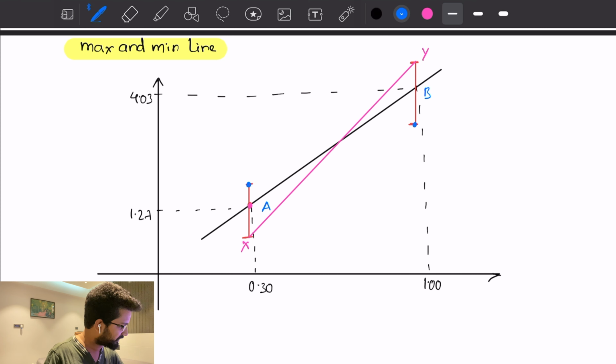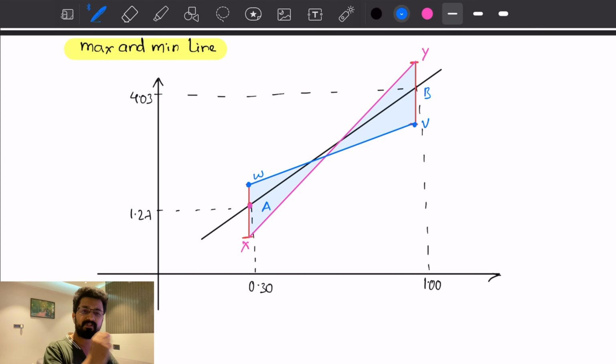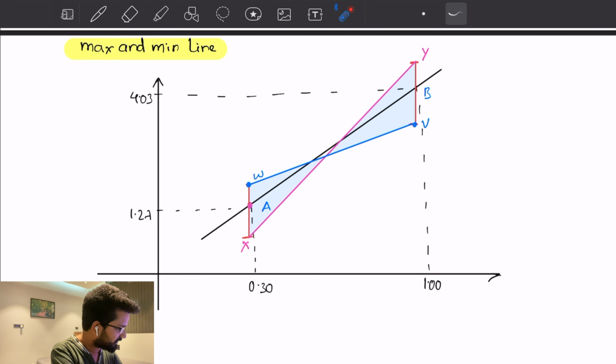For that, I'm going to take this coordinate, which I'll call w, and this coordinate, which I'll call v. The line joining w and v is going to give me a line with the minimum slope. How do I get the coordinate for w? I just need to add the length of the error bar to T square. Similarly, the coordinate of v can be determined from T square minus the length of the uncertainty, right?